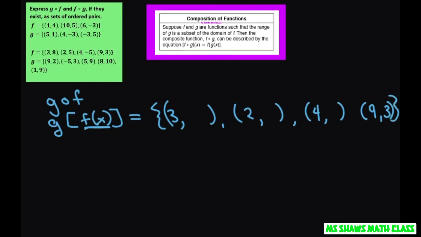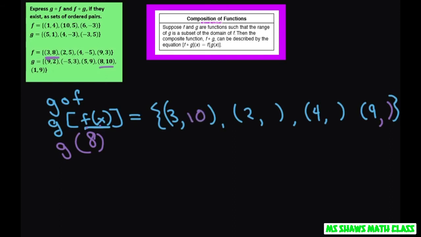Now, we look at 3. So f of x for 3. So look at f, this is your inner function, of 3 is 8. Then you go to g of 8. So g of 8 is 10.